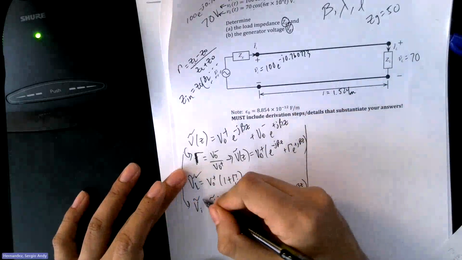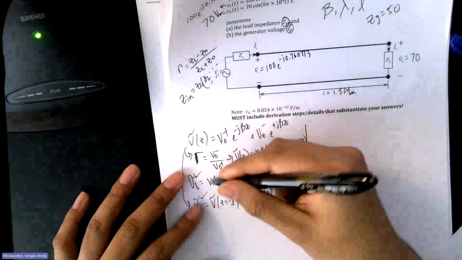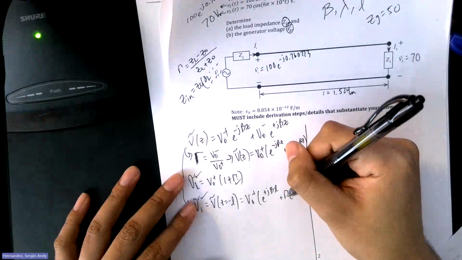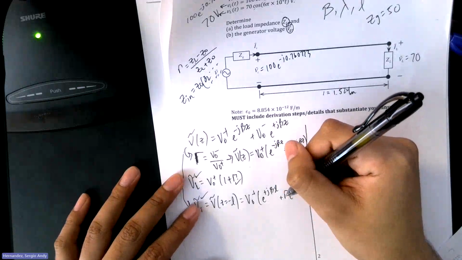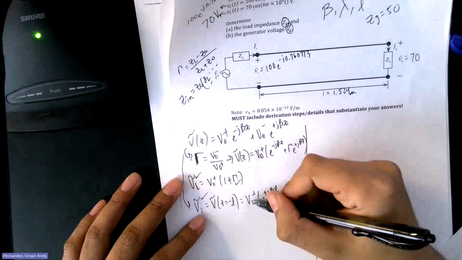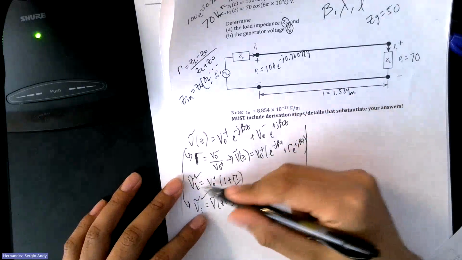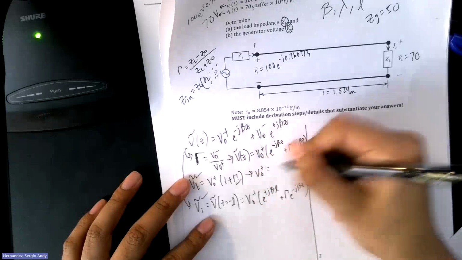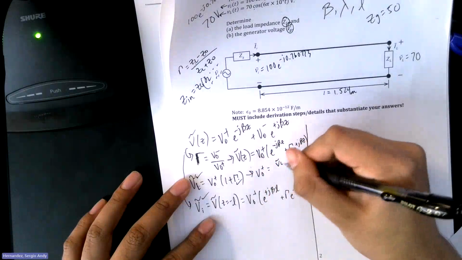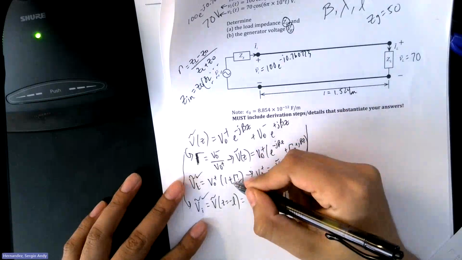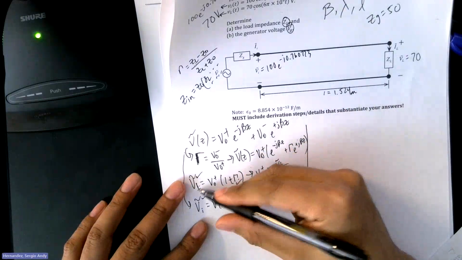So you can just plug it into the calculator straight like this if you know how to use a system of equations function. It can also do a complex solve for system of equations, or you can also solve for V naught plus twice. So for here, it turned into V naught plus equals VL over 1 plus gamma, right? Because you're dividing on this side.